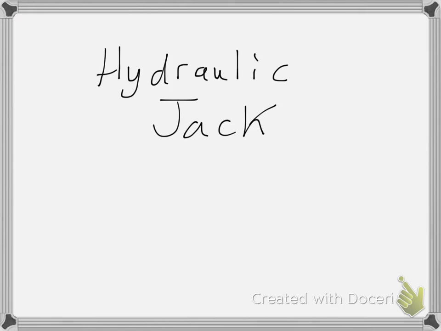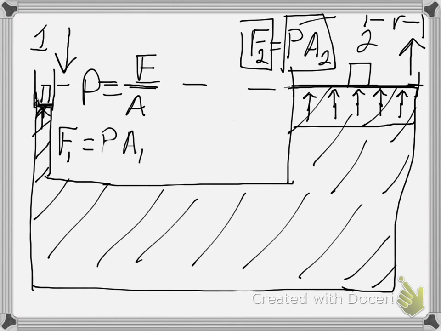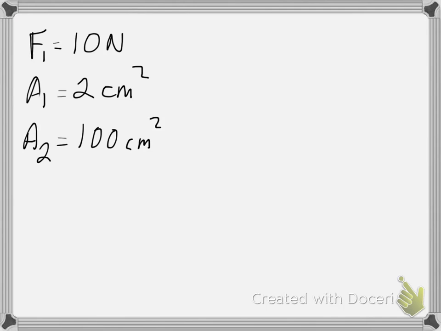So it's very much like the system we've just drawn, where this piston would have 2 square centimeters for its area, and over here the area would be 100 square centimeters. I'm pushing down on my small piston with a force of 10 newtons, and I want to know with what force my second piston will be lifted.